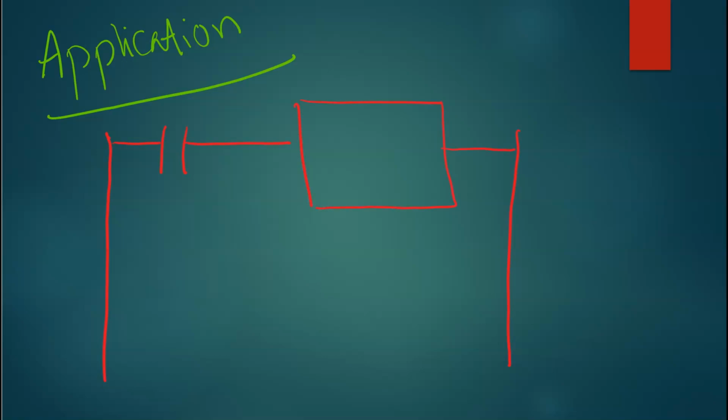So this is my counter. This can be a CTU or CTD. And then I have to use a counter number. Let's use C50, for example. And let's set the preset value to 10. Now, this is my input instruction.